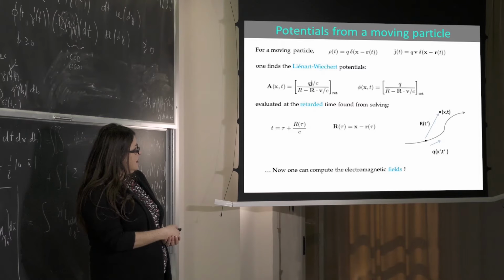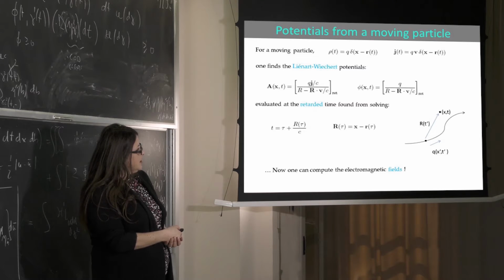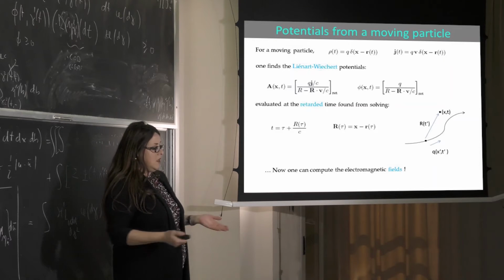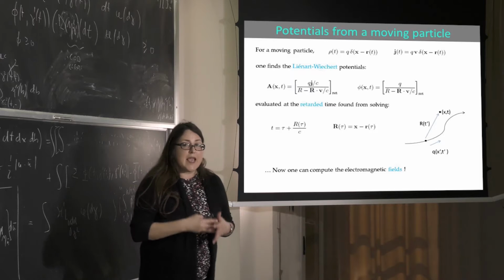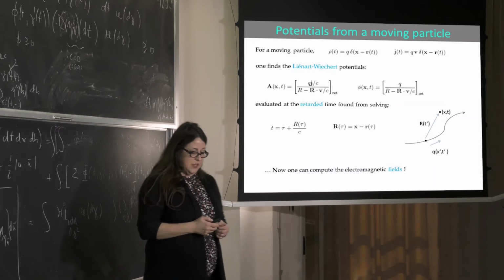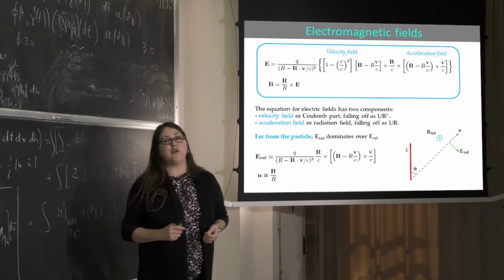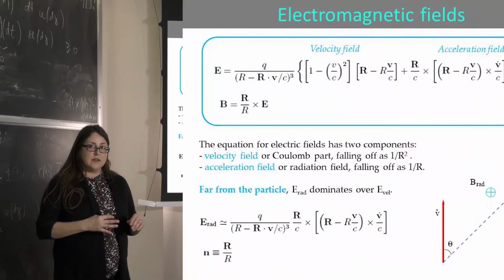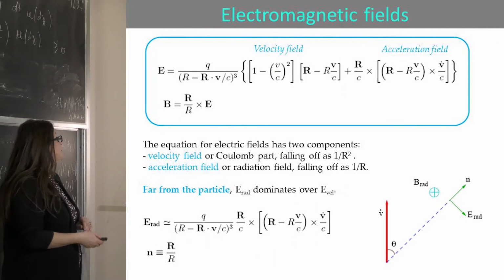Here you see the particle moving along a trajectory, the position of an observer x and t, and you see that the value of the potential here depends on the status of the charge at t prime, which is indeed the retarded time. What do we do now with A and phi, with these potentials? We go back to our Maxwell equations and we finally calculate the electric field and the magnetic field.